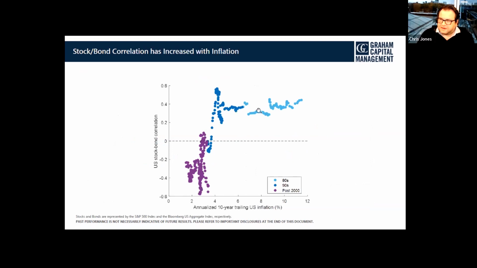As we see there, higher inflation, positive correlation. And so we've currently got a situation with a negative outlook for bonds, negative outlook for equities, but arguably, more importantly, a positive expected correlation for equity bond correlation.